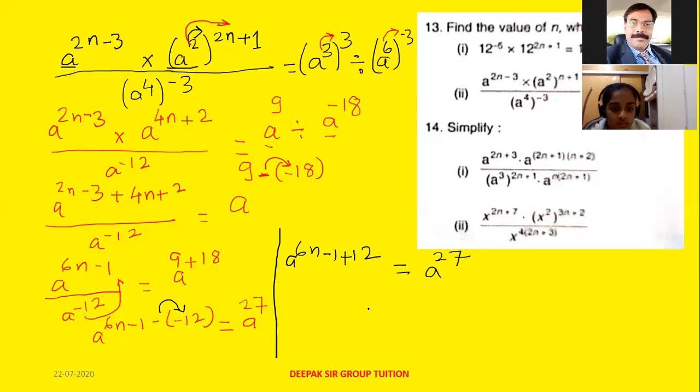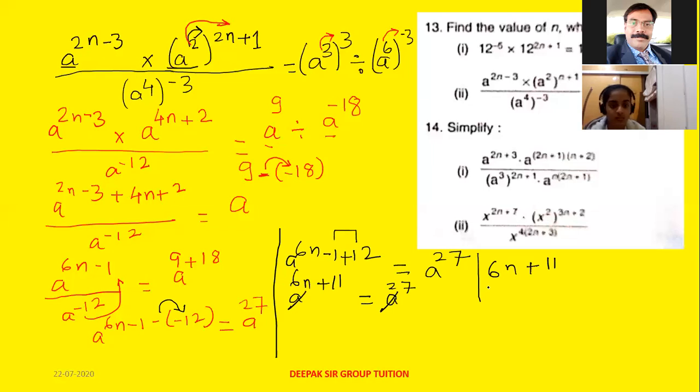So a and a will get cancelled. Then we can simplify the remaining parts, nothing but an equation: 6n plus 11 is equal to 27. Now just arrange the like terms.